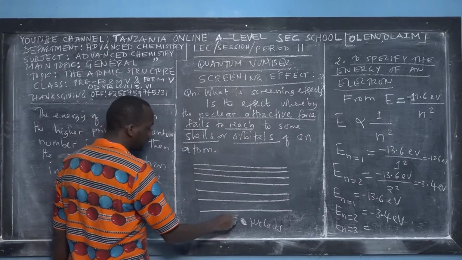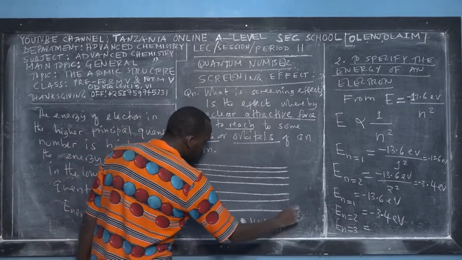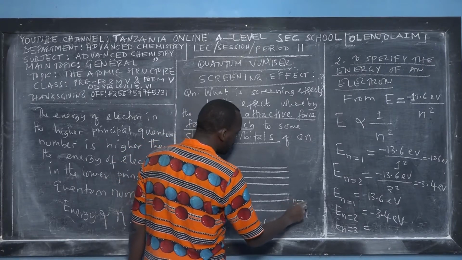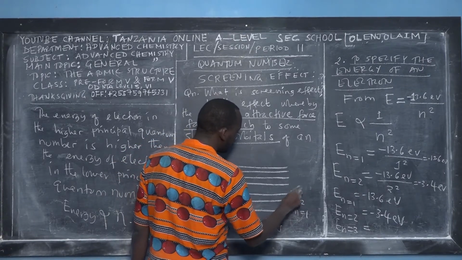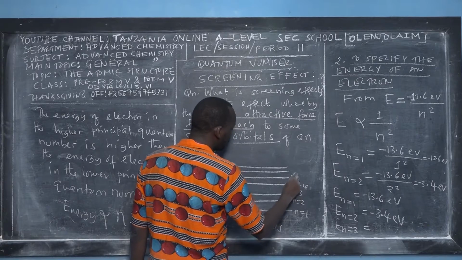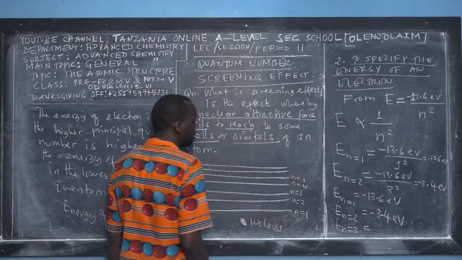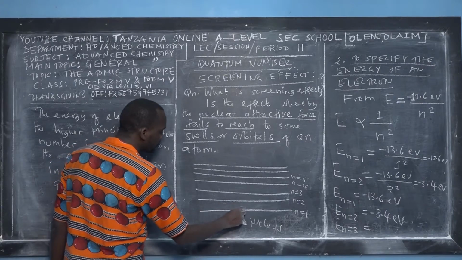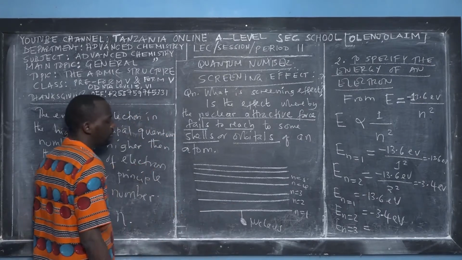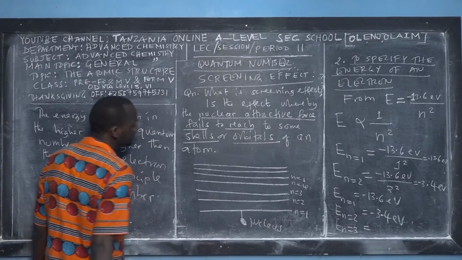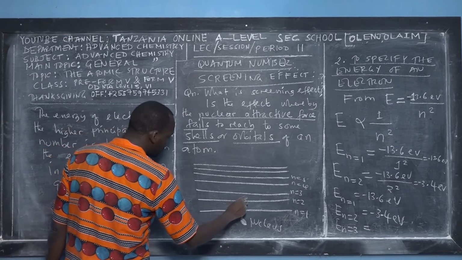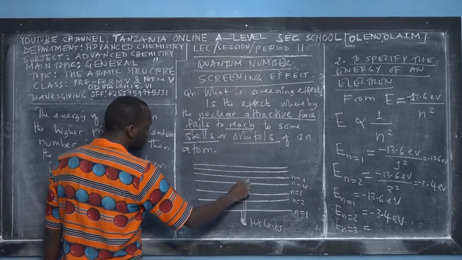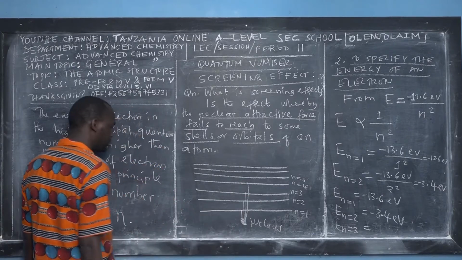You find this shell or energy level of principal quantum number n equal to 1, n equal to 2, n equal to 3, n equal to 4, n equal to 5, etc. This energy level is strongly attracted, or the nuclear attractive force reaches it successfully here, also here, also possibly here, but it's small.